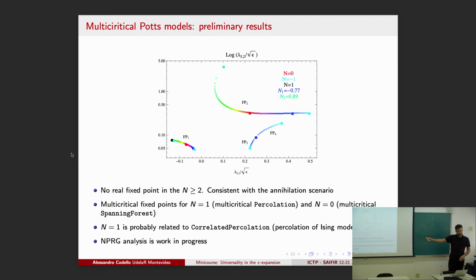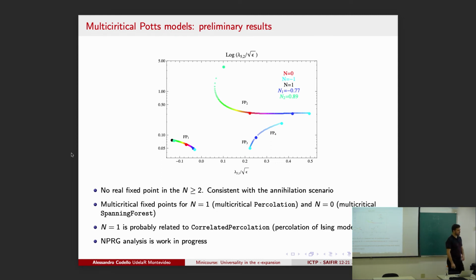So the idea, it's a conjecture because it's not proven, is that the Potts model and the multicritical version collide somewhere. If this is true, then we should not be able to find the multicritical version a little bit above 3. This analysis is consistent with this scenario.